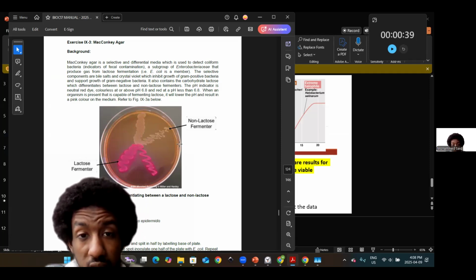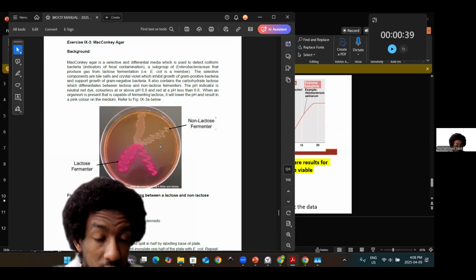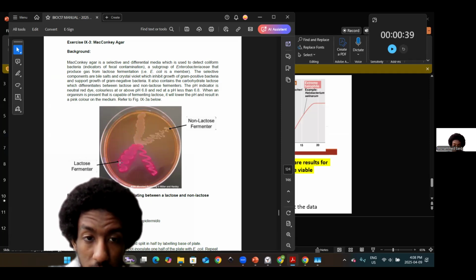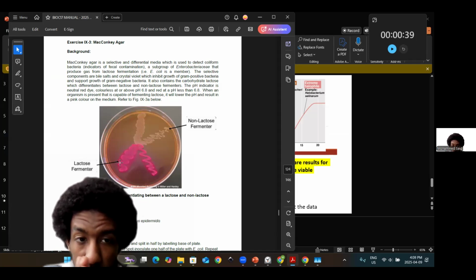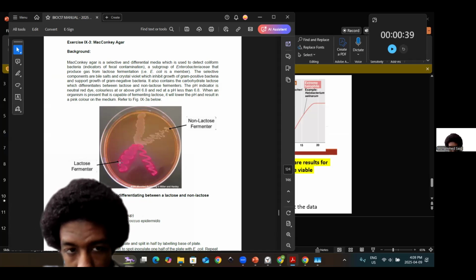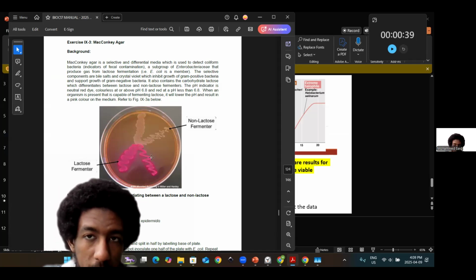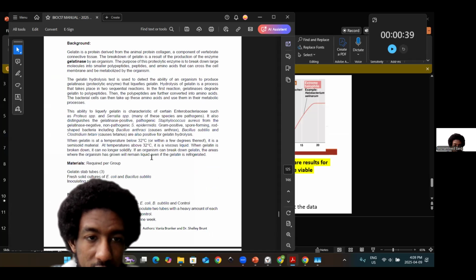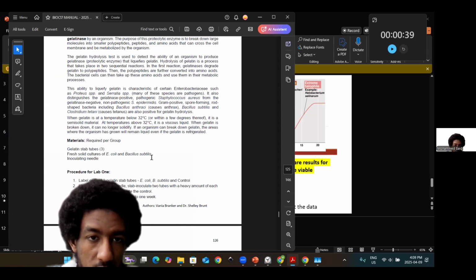So it doesn't necessarily mean that they do ferment, but rather they don't. And the neutral red actually exhibits that change in color from colorless to red. Think about the motility test, or just in this case for fermentation of lactose, a pinkish red hue. And then gelatinase, we spoke about.